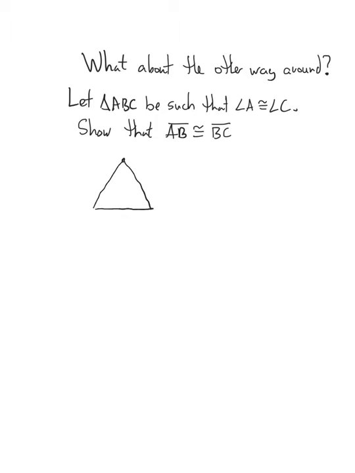So here's our triangle. This is A, this is B, this is C, and I know that angle A is congruent to angle C. So this is what I know. And I want to show that AB is congruent to BC, those sides.